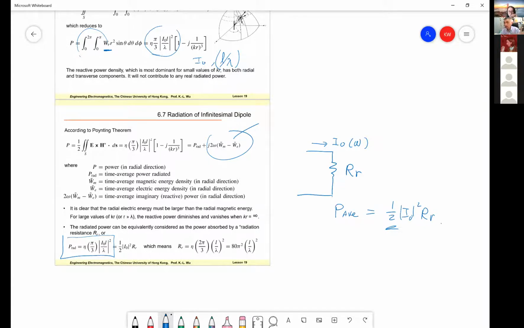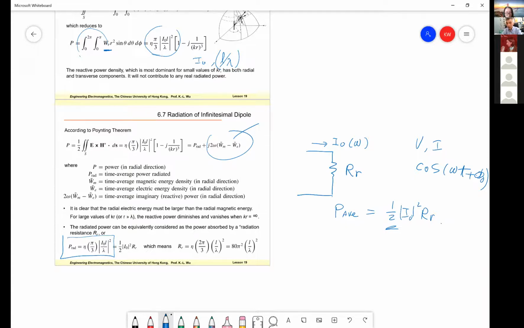As long as the voltage and the current change according to cosine omega t plus phi, because you don't have time delay with traveling distance. It's not a wave, so you always have one half.